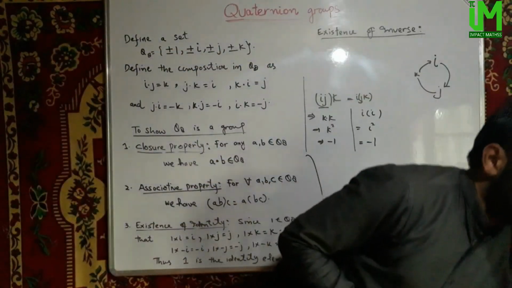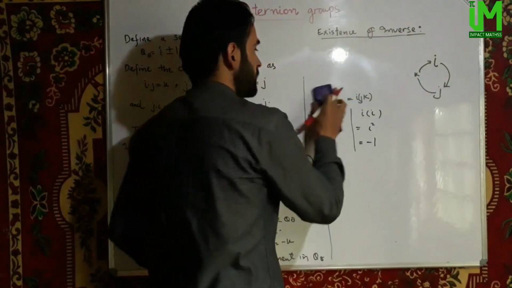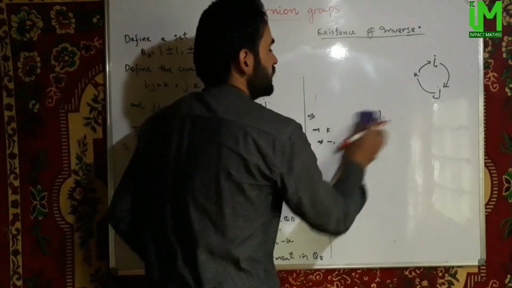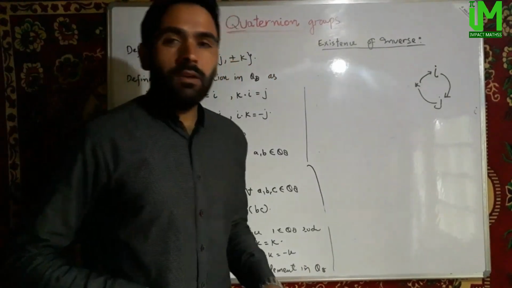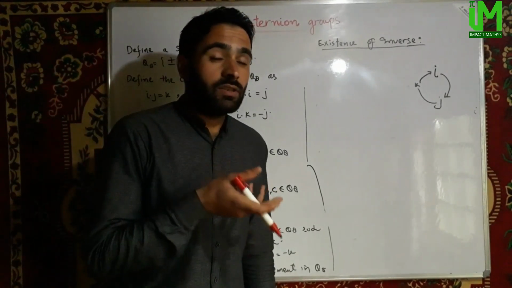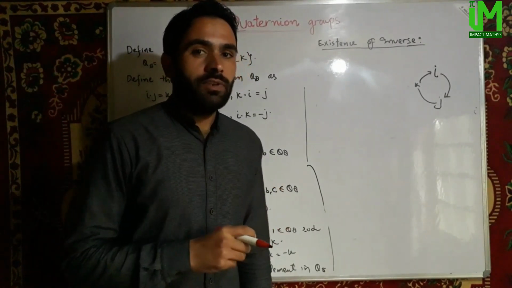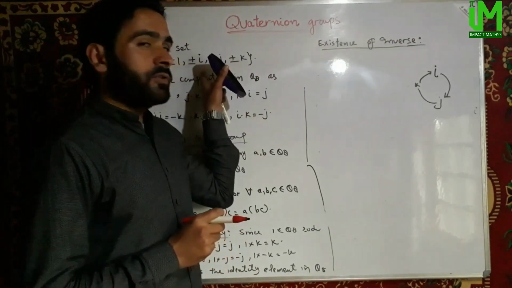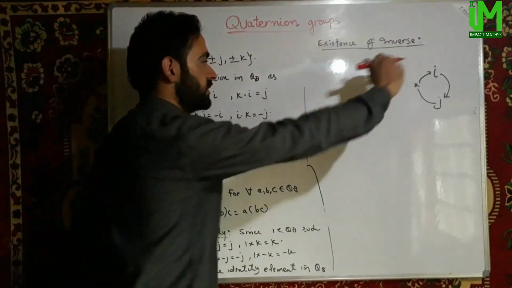Now let us see whether it has an identity element. Moving on to the identity property, we have to see whether there exists any element in Q8 which when multiplied with any element of Q8 leaves that element unchanged.